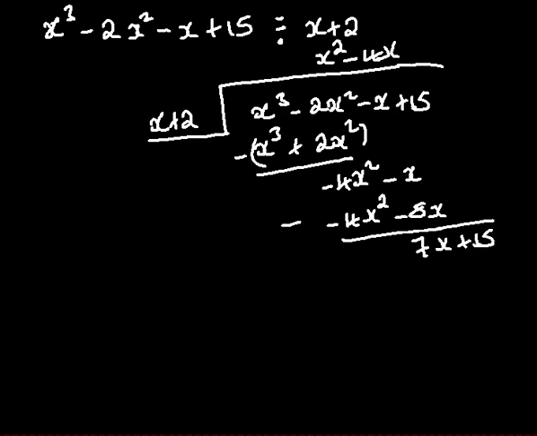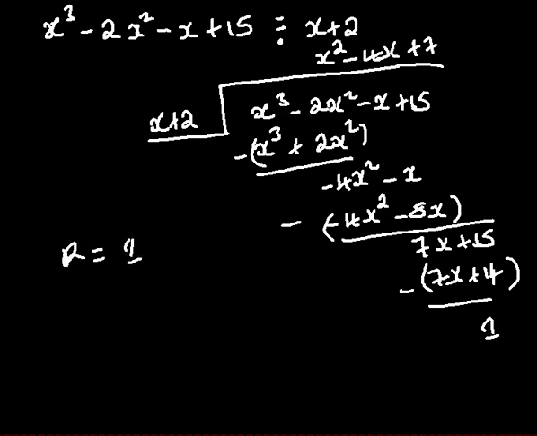Then x into 7x is 7, and 7 times x is 7x, and 7 times 2 is 14. Upon subtracting, the remainder is 1. So for this case, the remainder is 1, and the quotient is x squared minus 4x plus 7.